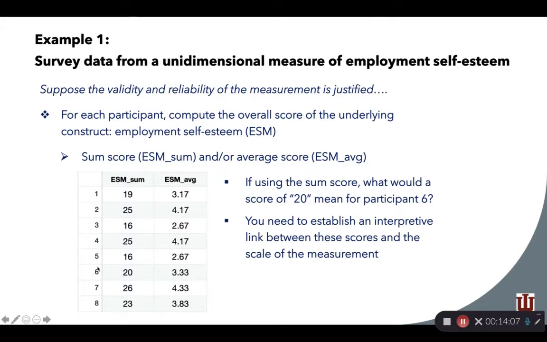Then, for example, if you say participant 6 has a score of 20 for his or her overall measure of employment self-esteem, then what does the 20 mean? And average score is kind of similar to the Likert point, but still you want to establish some interpretive link between these computational scores and the scale of your measurement.